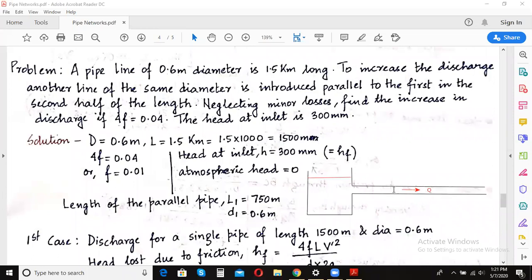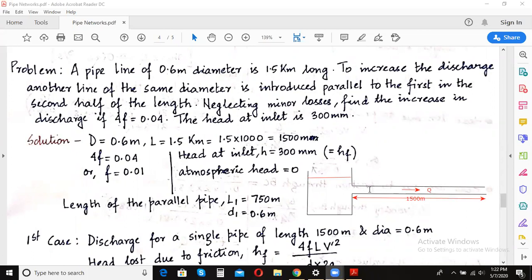Now what is the length of this pipe? The length of this pipe is given, it is 1.5 kilometers long. So the length of this pipe from here to the end is 1.5 kilometers or 1500 meters. And the diameter is 0.6 meters.